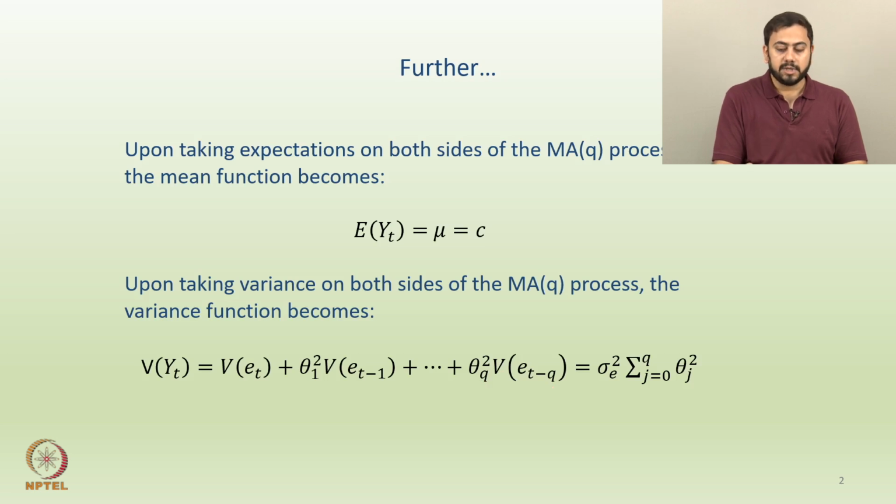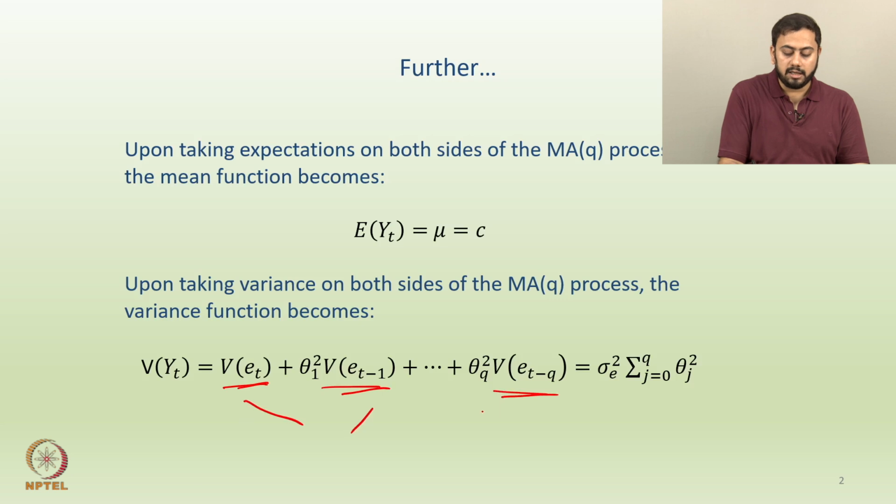Now we can combine all these ideas. All these variances are variances of error terms, and as per the assumptions all of them are equal to sigma squared E. So I can bring out sigma squared E from each of these terms. Overall we have sigma squared E outside and a summation of the squared coefficients inside: theta j squared, j going from 0 to q.